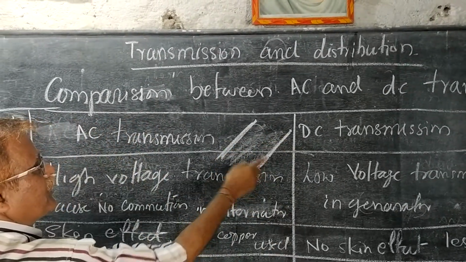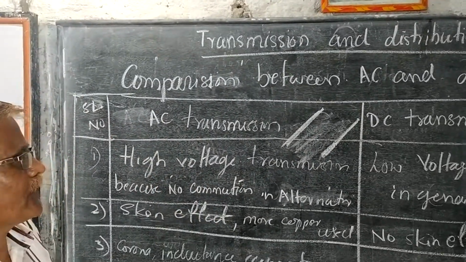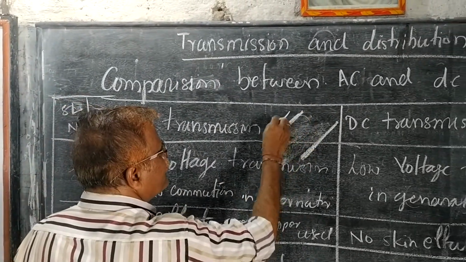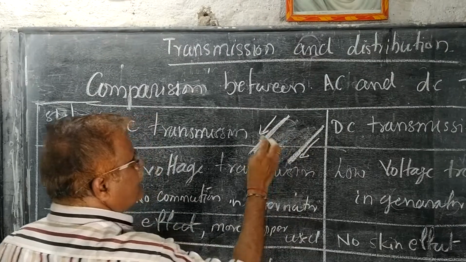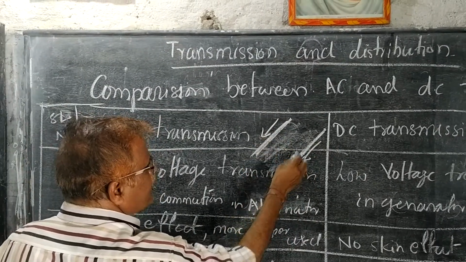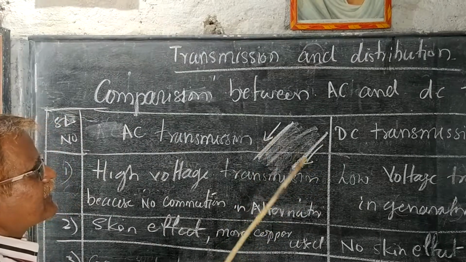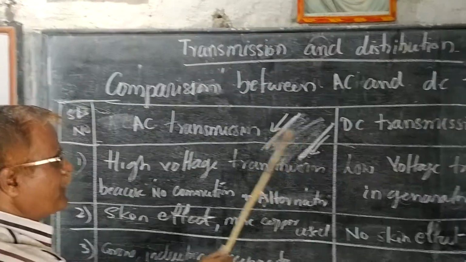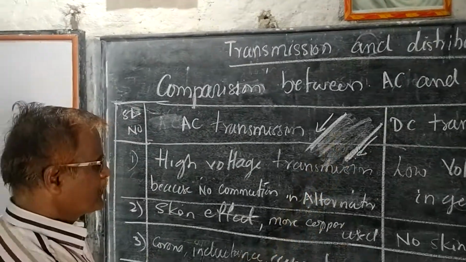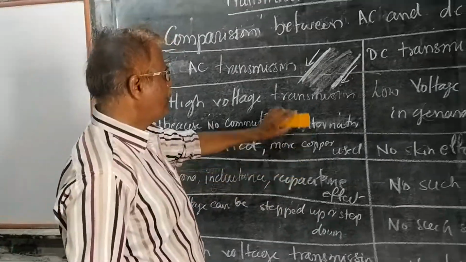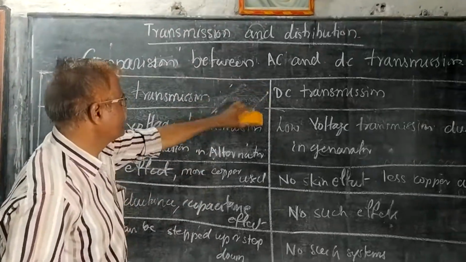In between the two conductors there is air, and the current is passing through them. So the air between these two conductors acts as a capacitor. This capacitance effect increases the power loss in the transmission.